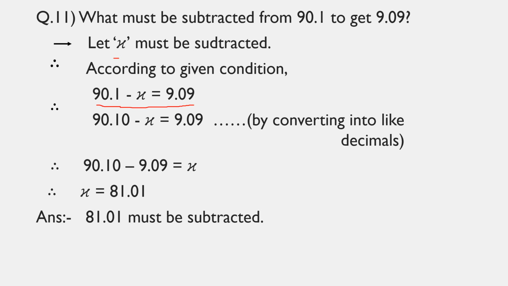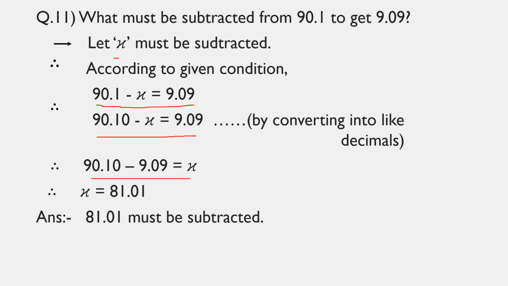Okay, now again these are not like decimals, right? So we'll convert them into like decimals. So the next step is 90.10 minus x is equal to 9.09. Okay, now by using the transposition method, we'll be getting 90.10 minus 9.09.